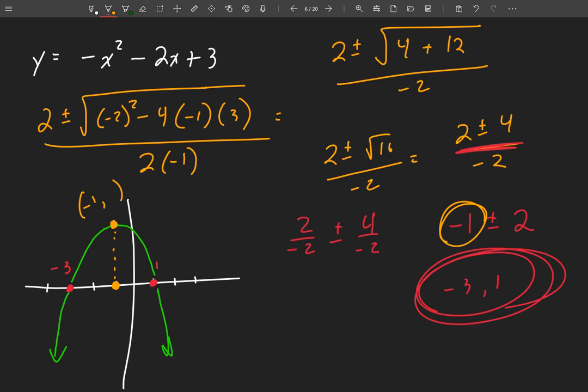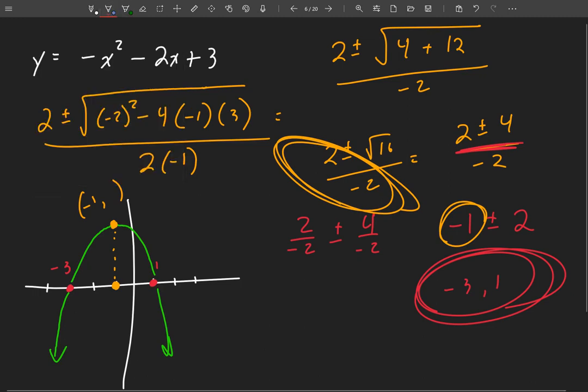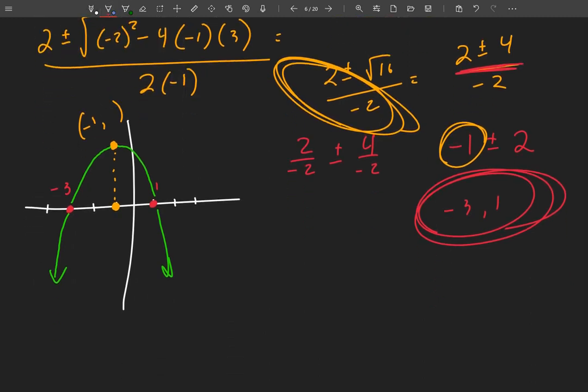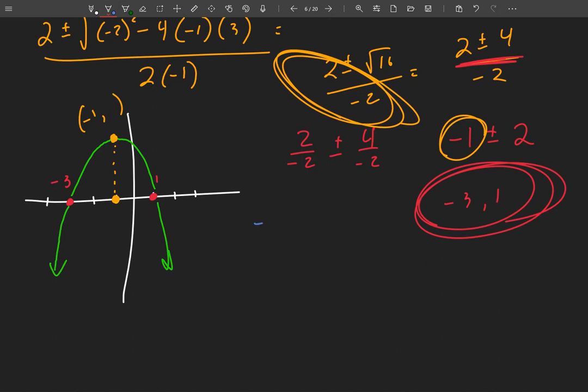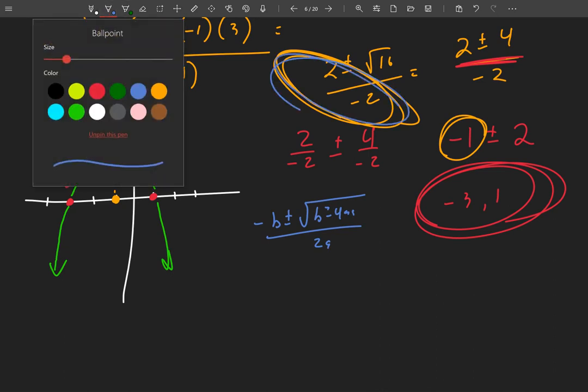Now here's where the magic happens. Watch this. This is really cool. Where did this come from? Well, if you think about where that first number came from, over here, right? If I wrote that formula out again, I know I'm kind of all over the place, but stick with me here because this is pretty amazing. The full formula, -b plus or minus square root of b squared minus 4ac all over 2a. These terms, so 2 over -1 or -2, where this number came from here is actually just what?